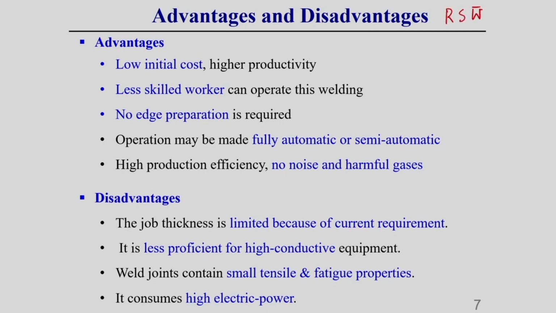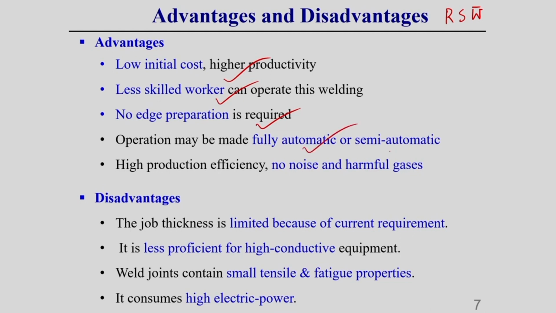Here you see in the advantages, it has low initial cost, very high productivity, and generally less skilled workers are required. No edge preparation is required here, unlike other welding processes where edge preparation is generally required.